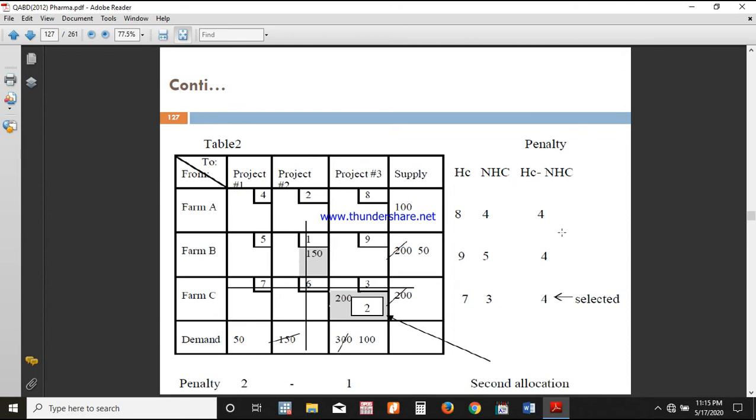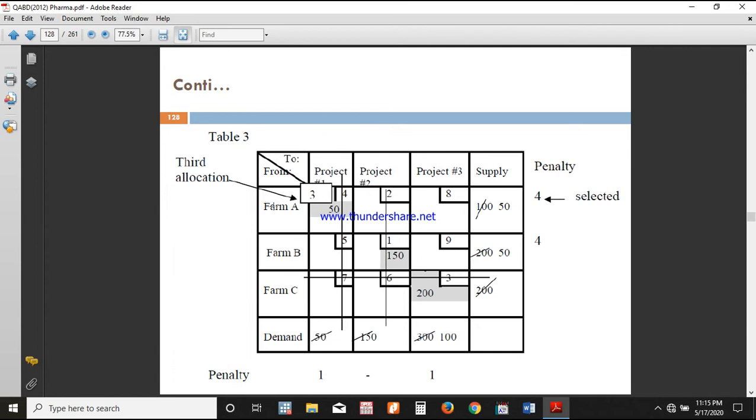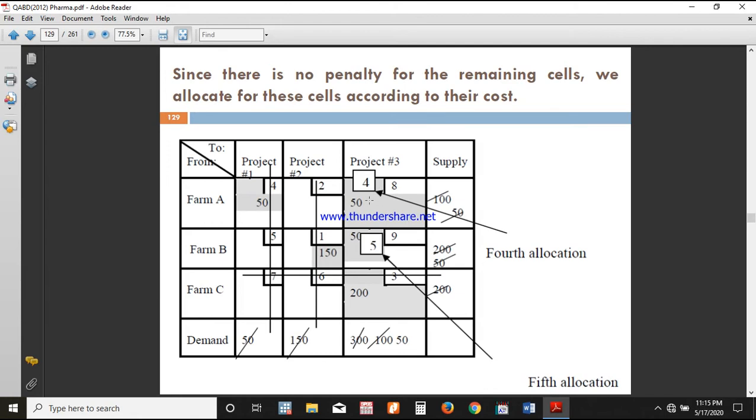Therefore, here 3 similar values appear. Our next allocation will be here, the third allocation will come here, the fourth allocation will exist here, and the fifth allocation will be here.